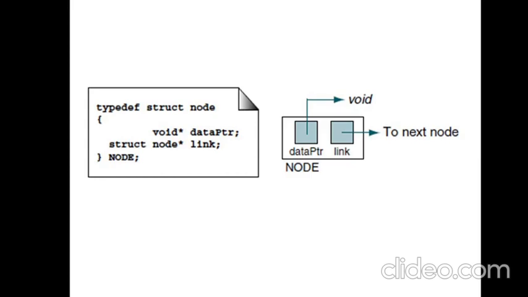If you are planning to make the pointer point to an integer, then you will declare it as an integer pointer. Or if you want to make it point to a floating point variable, then you will declare it as a float pointer. Similarly, here the node link field is going to point to a node of its own type. So we are declaring the link type as struct node itself, with the asterisk to make it a pointer.